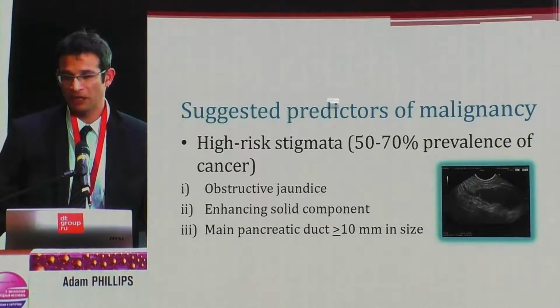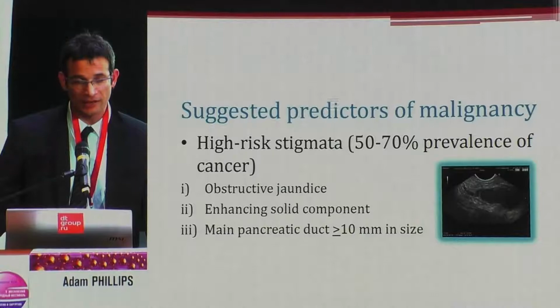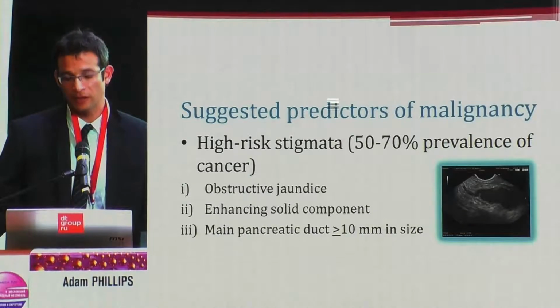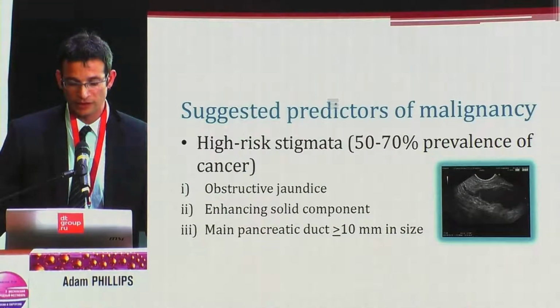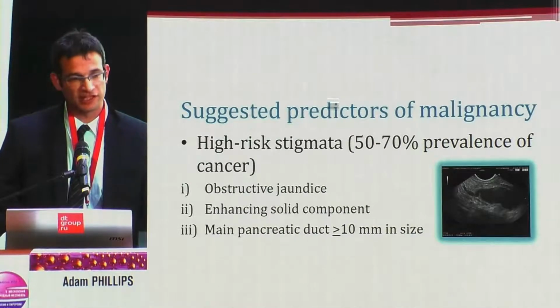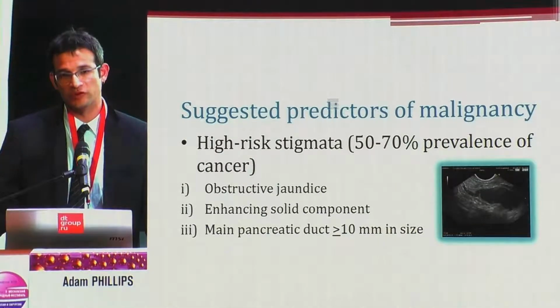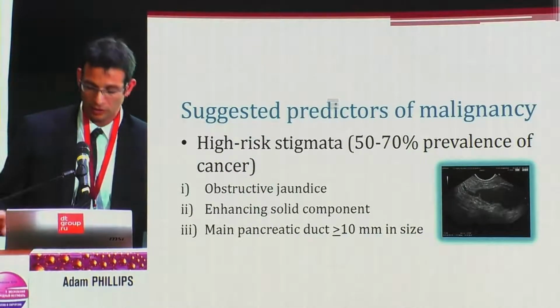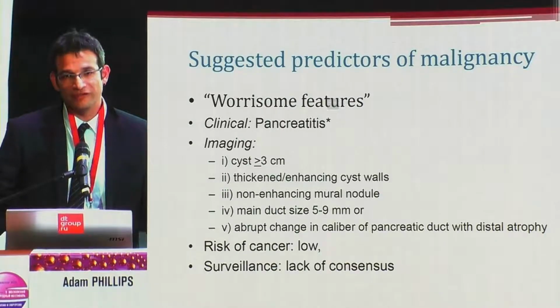These patients may present with obstructive jaundice. They have an enhanced solid component in the bile duct, and the main duct is 10 or more than 10 millimeters in size. These patients have high-risk stigmata, a high prevalence of cancer, we can take these patients for surgical resection if they are fit.